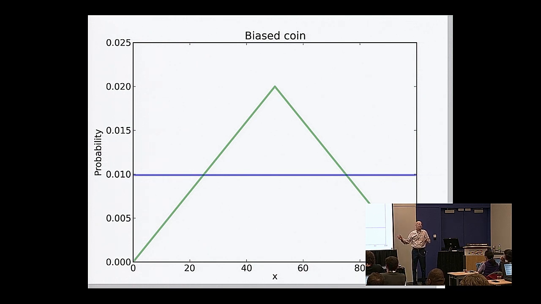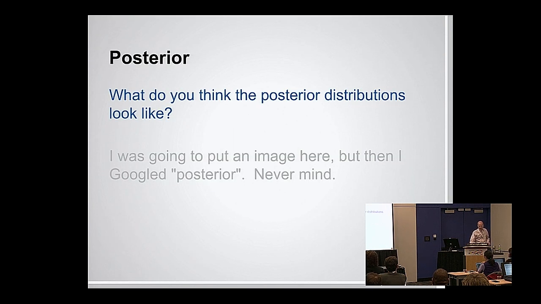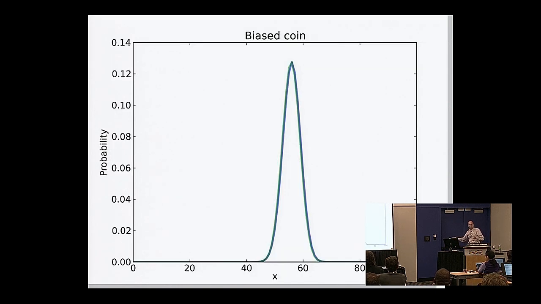Okay? So this is closer to what we really believe about coins. We could still debate about whether it's the right prior. Fortunately, we don't have to have that debate. These are the two posterior probabilities for those priors.